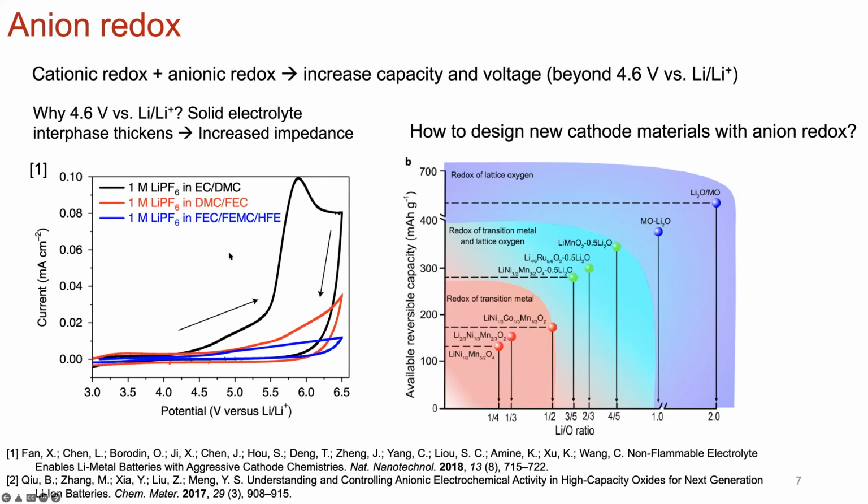And this is at least for conventional 1 molar LiPF6 in carbonates, right? And so this is what people have been trying to manipulate in terms of increasing the capacity while not going above this voltage, so that we don't have oxygen evolution because of the decomposition of the cathode material, as well as the electrolyte.